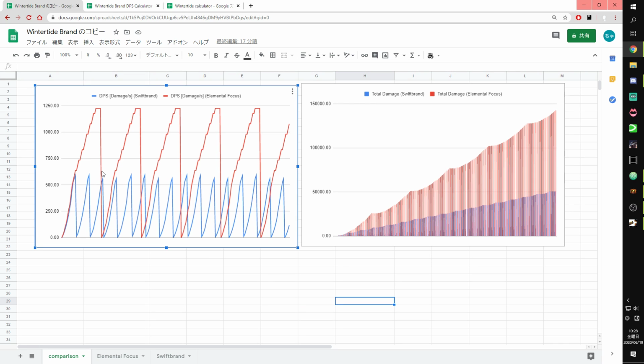With one brand only, its DPS is like this. This comparison is Elemental Focus and Swiftbrand. The blue one is Swiftbrand Support linked to Wintertide Brand, and the red line is Elemental Focus Support linked to Wintertide Brand.